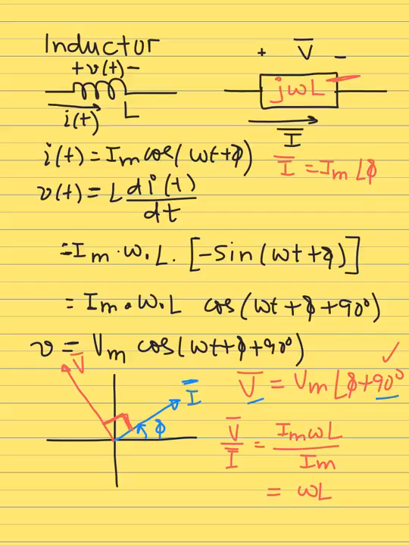So in time domain, if you have L in henries, its value in phasor or frequency form will be j, that is 90 degrees angle phase, times ωL, and this value will be in ohms as well.